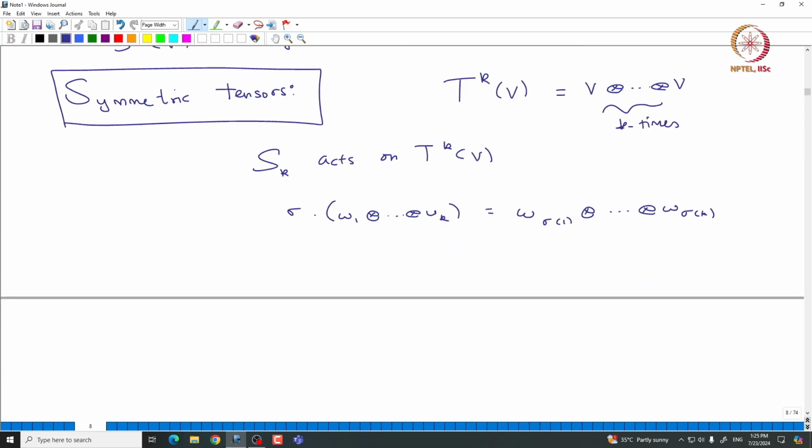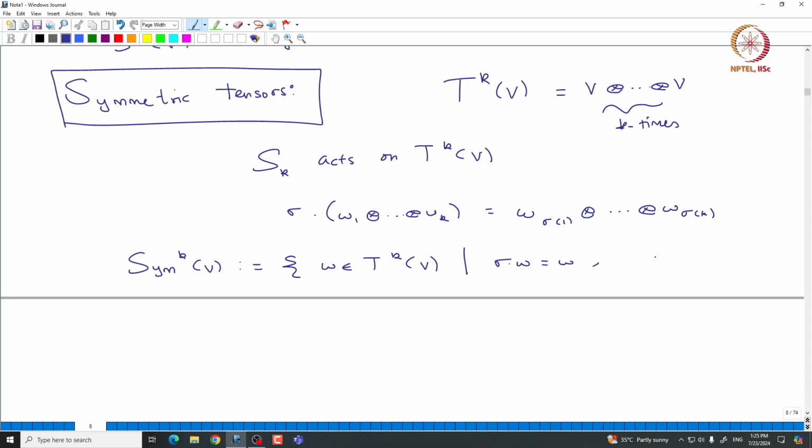Once you have the action of the group, we can talk about fixed point elements. If I take Sym k of V, by definition, this is those vectors inside Tk of V such that they are invariant under the action of this Sk.